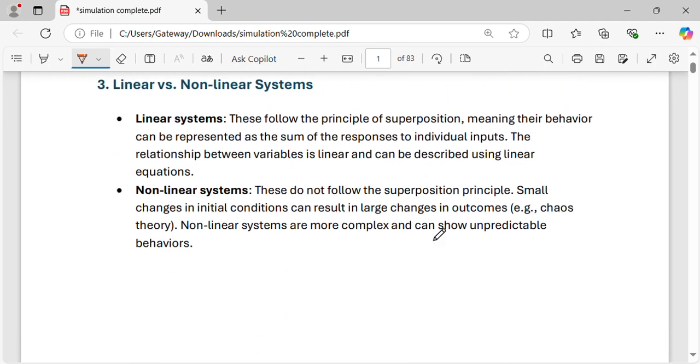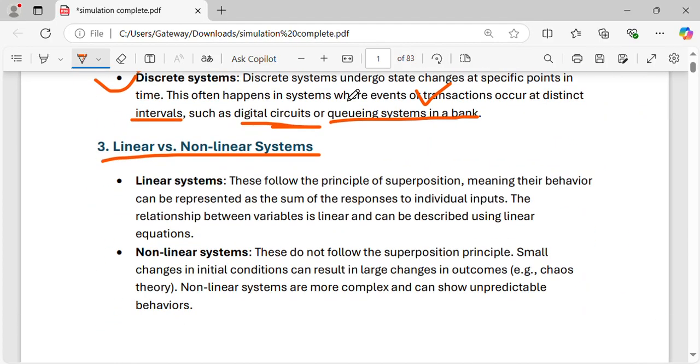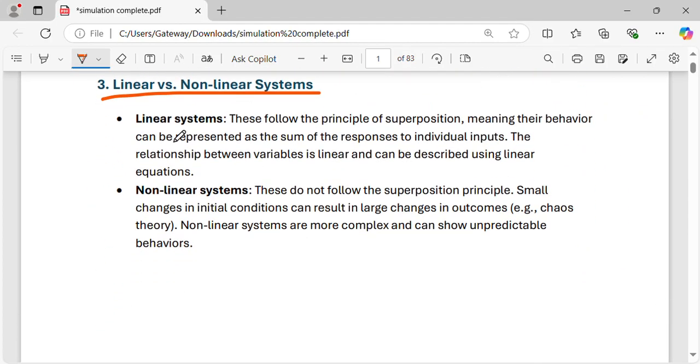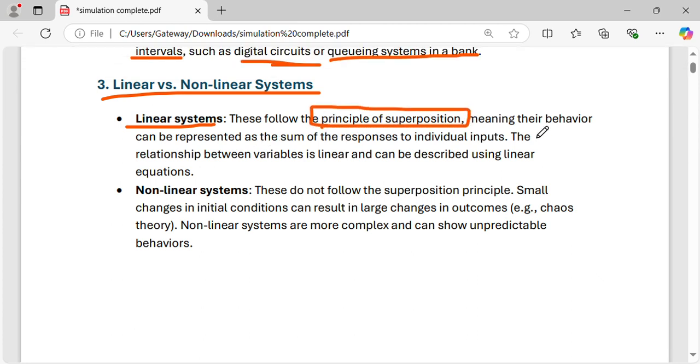Then we have linear or non-linear systems. They're important in the sense that they are often asked questions about. We are basically studying the classification of systems here. Linear systems follow the principle of superposition, meaning the behavior can be represented as a sum of responses to individual inputs.